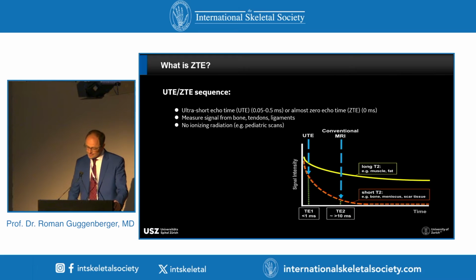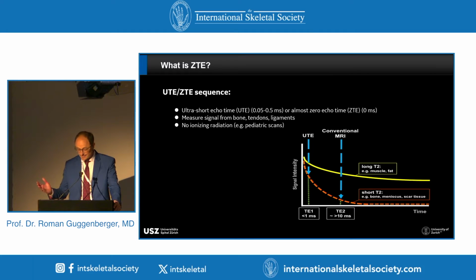If you have a look at this diagram, you can see that signal intensity of an MR signal decays over time. That's evident, we know this. But the T2 decay actually differs between different tissues. For example, muscle and fat keep a higher signal up to a longer time period as compared to bone, meniscus, and scar tissue, which lose their T2 signal pretty fast.